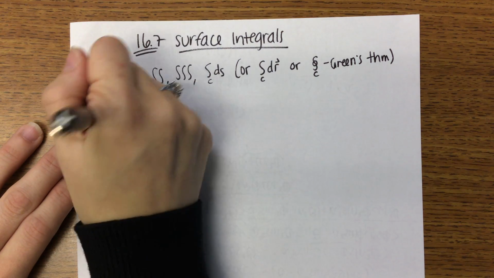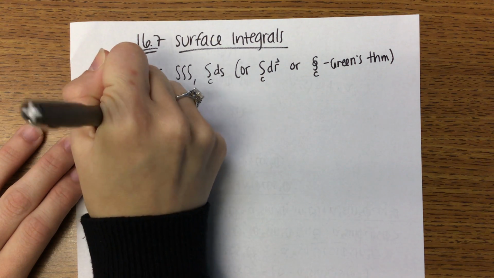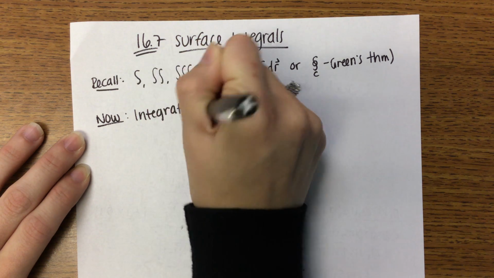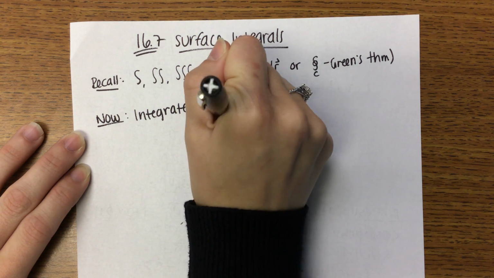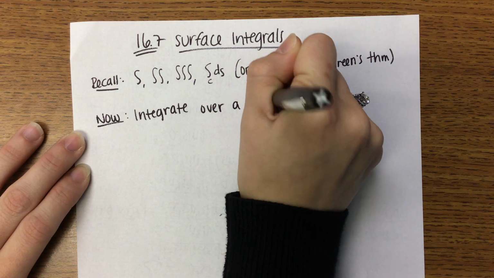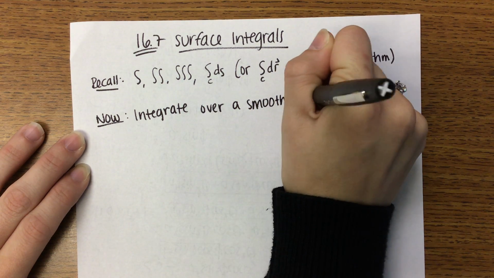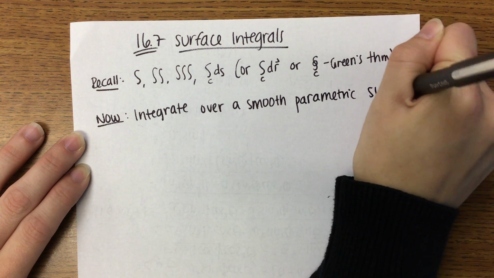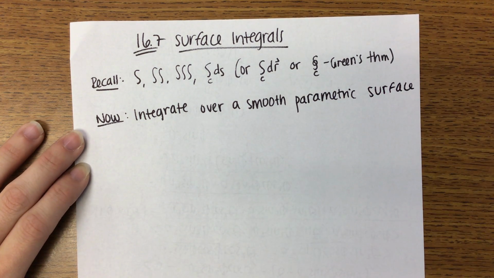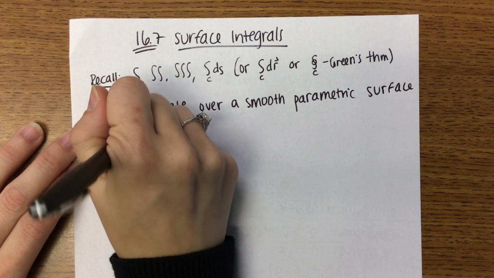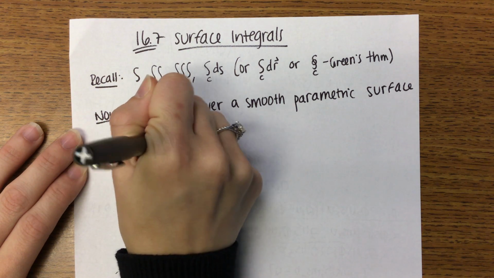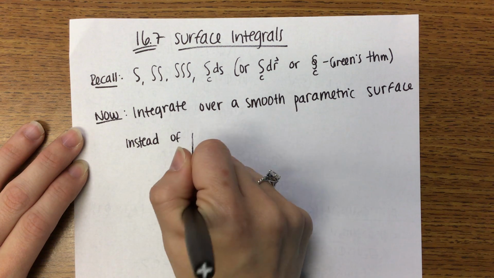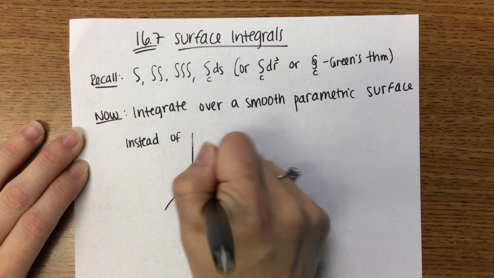Okay, so here's what we are doing today. We are going to integrate over a smooth parametric surface. So what we have integrated over before was something like this.